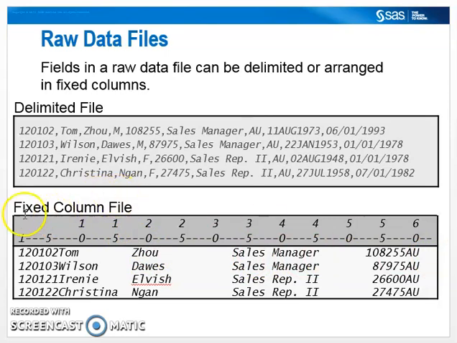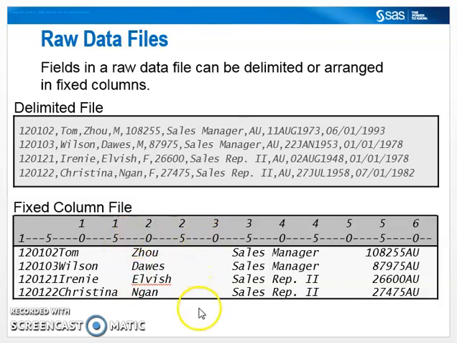So for the fixed column, we have to know that the first variable goes from column 1 up to 6. This is an example. The second variable goes from 7 up to 15 or 16, and so on.